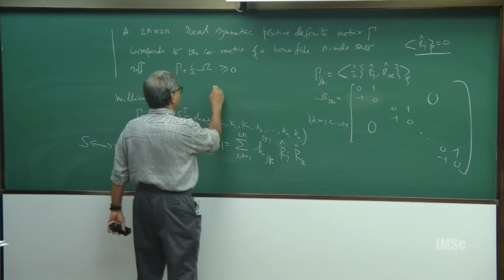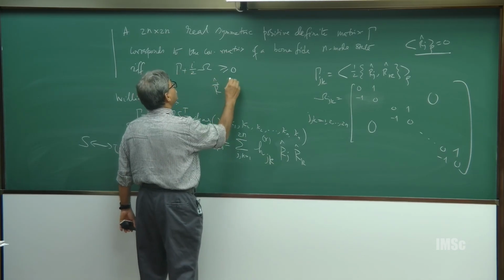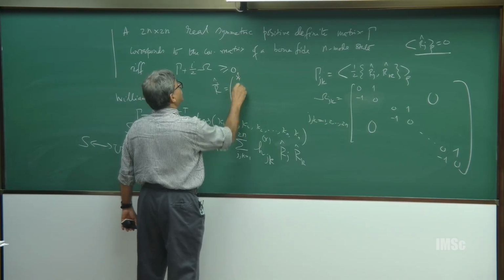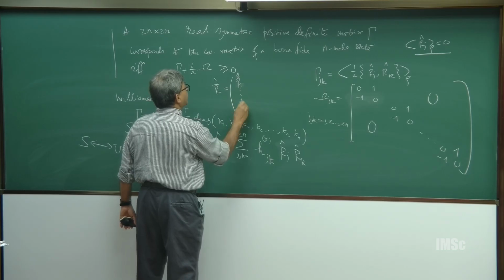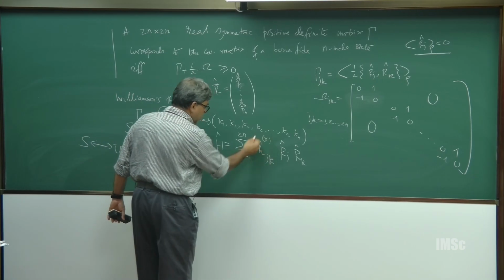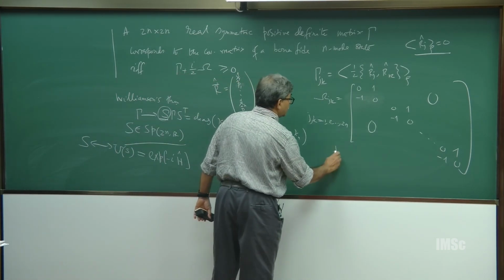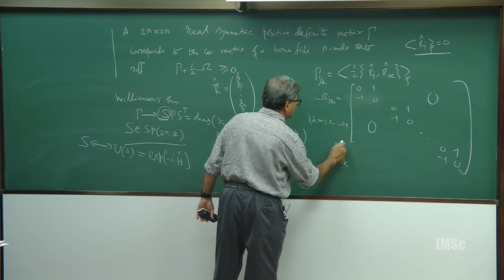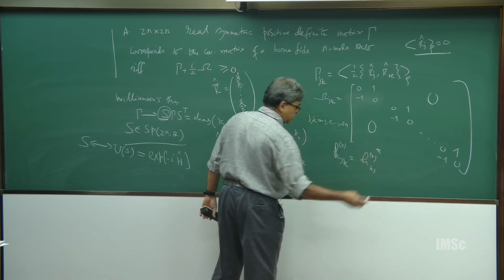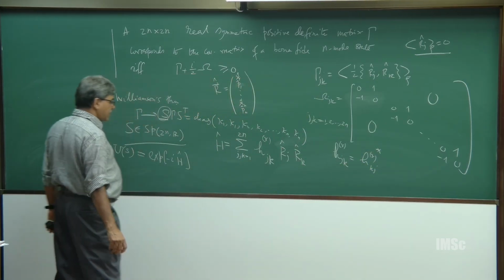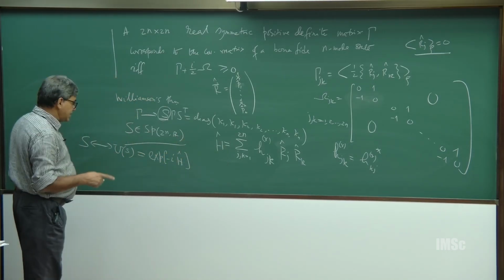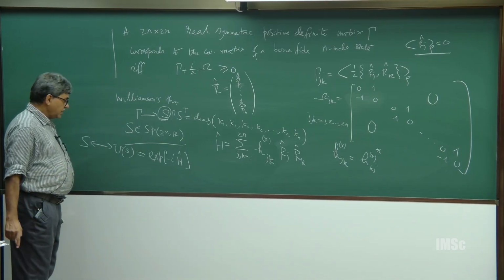See this r vector is your x 1 p 1 etcetera x n p n, and this is a Hermitian matrix. So, H j k r is equal to H k j star. This is a Hermitian matrix. Okay. So, this is my quadratic Hamiltonian, which will generate this unitary.